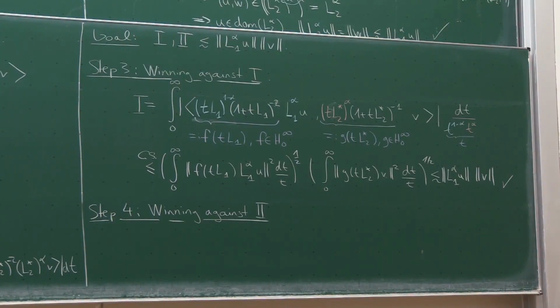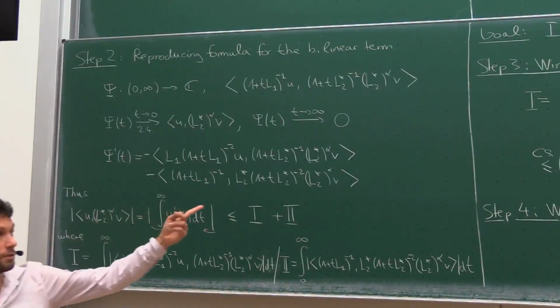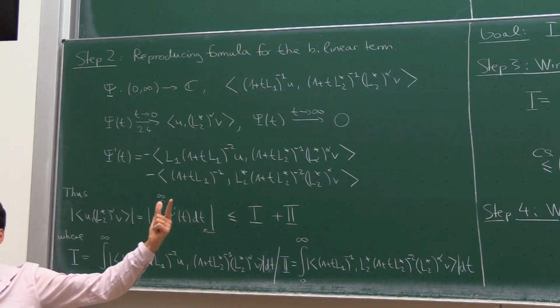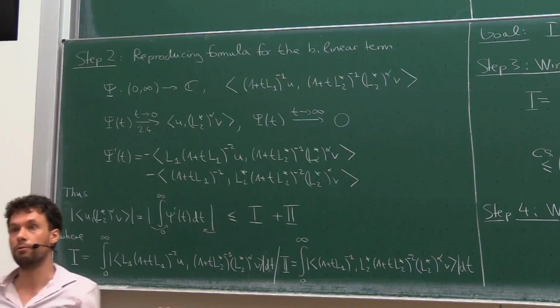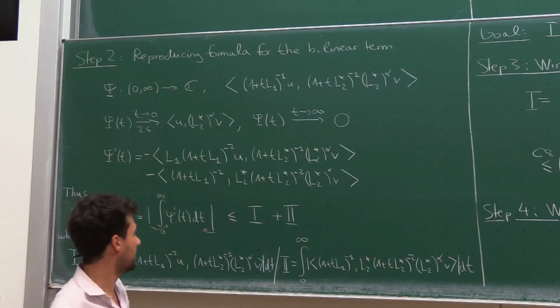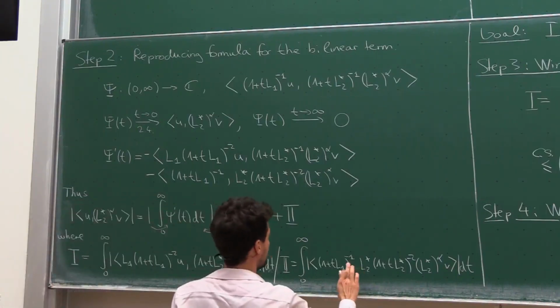Look at what happens to L1. L1 is just sitting in this Sobolev resolvent. But if I want to use functional calculus and H0 infinity functions with L1, there should be some additional power of L1 sitting somewhere. And also in the final estimate, sorry, there's a u missing.